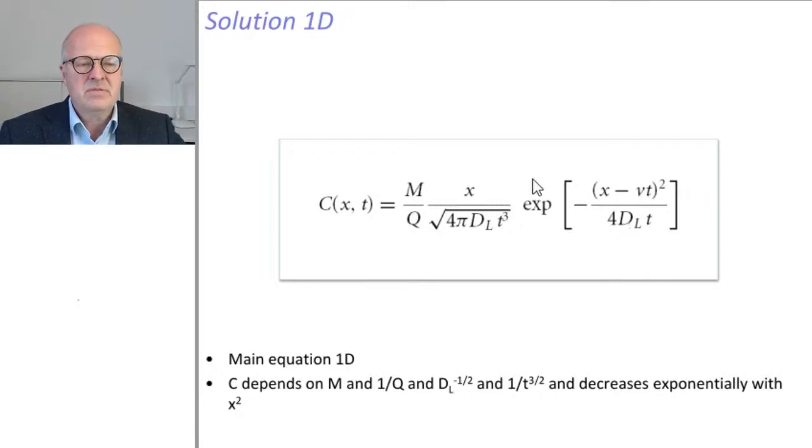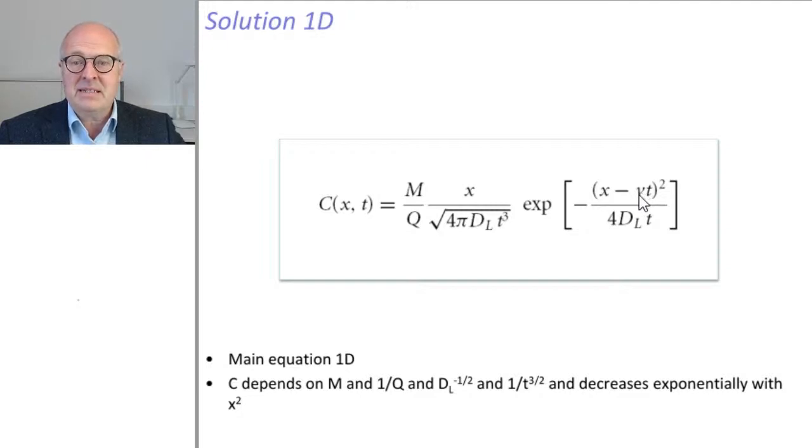This curve is very similar, I think, in fact identical to the normal distribution, to the Gauss curve. The only difference is that the average of the Gauss curve is now replaced by the average flow velocity.